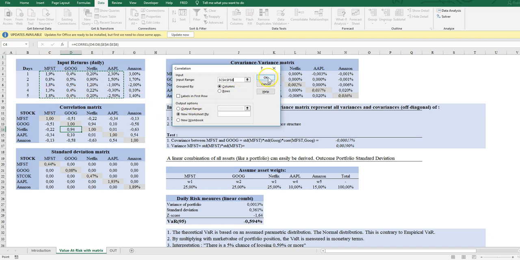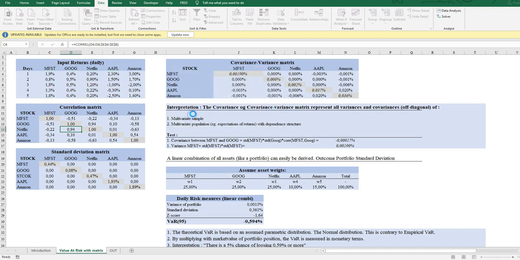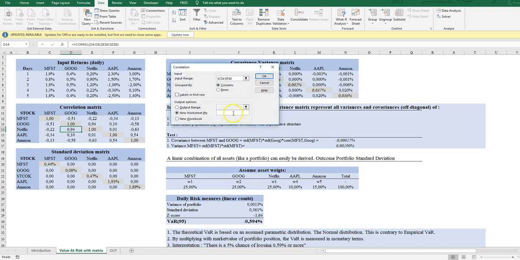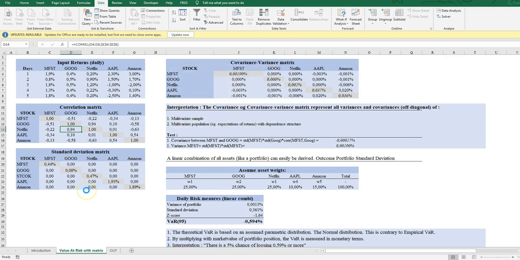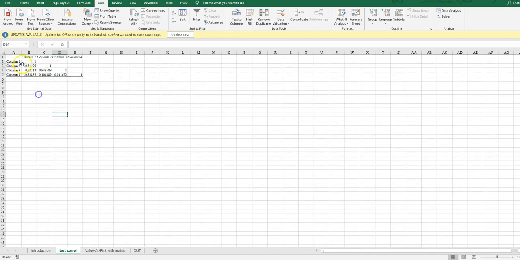And if I type here, it will open a new worksheet. I'll just call it test column. I'll just test my own manual numbers and see if they are correct, and they are here.